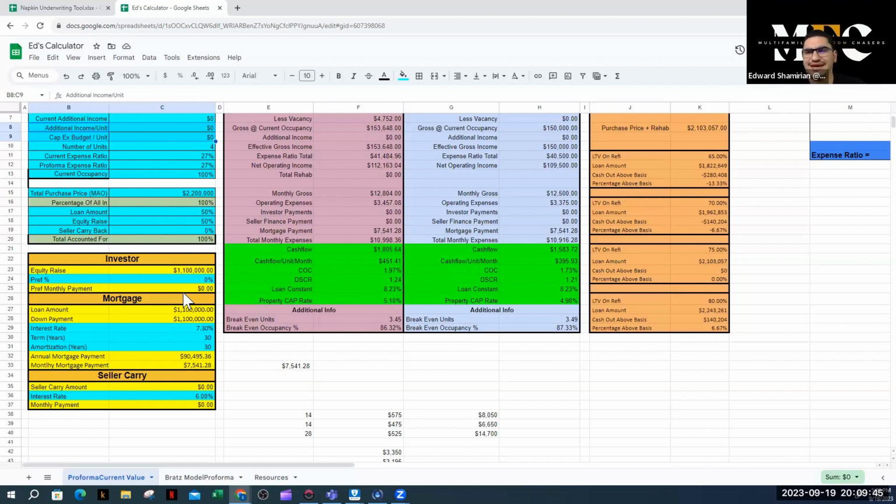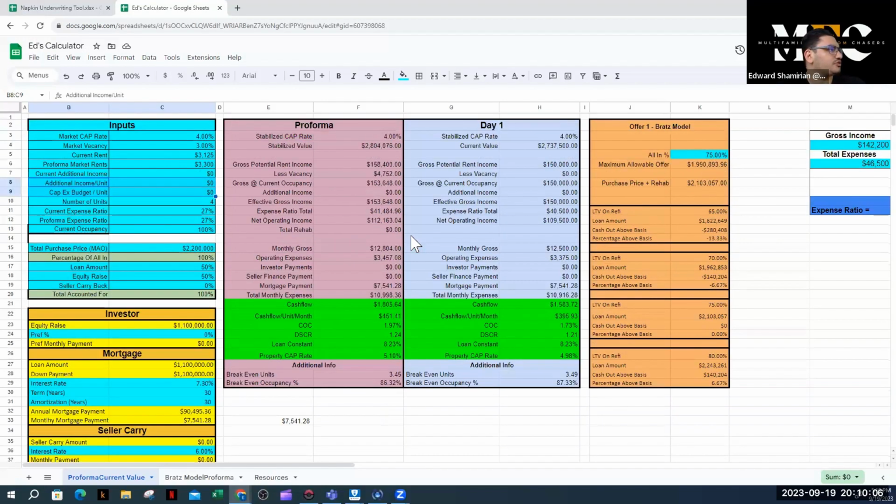One thing that's important while we're on this topic is that when you're factoring your numbers in, especially in the multifamily space, one of the biggest things is what my costs are relative to my income. So, for example, I'm just going to use this one and show you guys because it's easier to see.